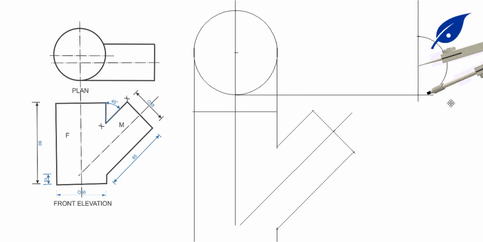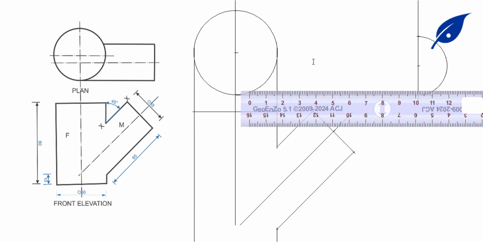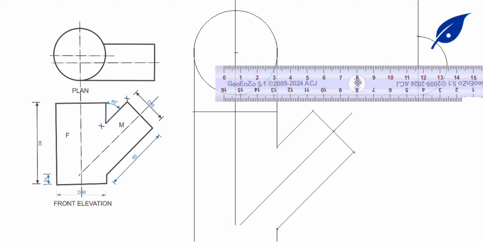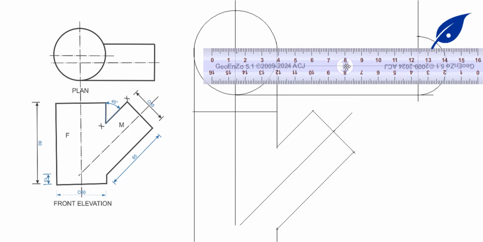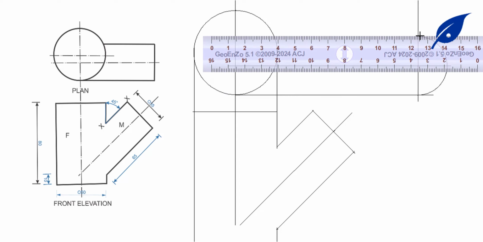So we are going to draw this semicircle, then extend the line. Since the two centers are not the same, as in the center for the cylinder M and the center for the cylinder F, they are not at the same point.